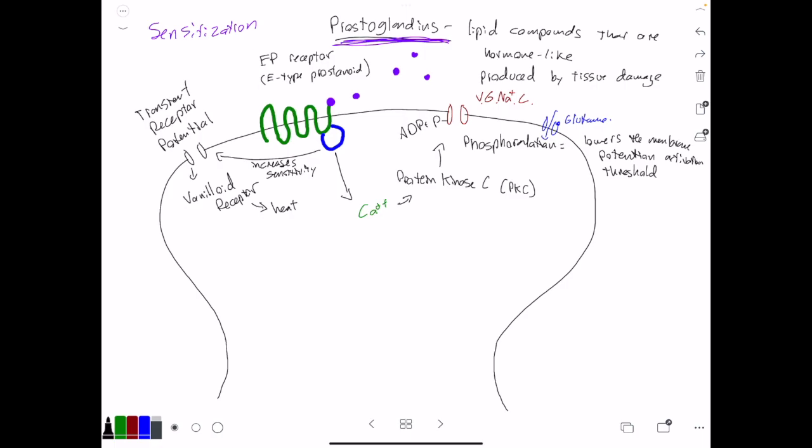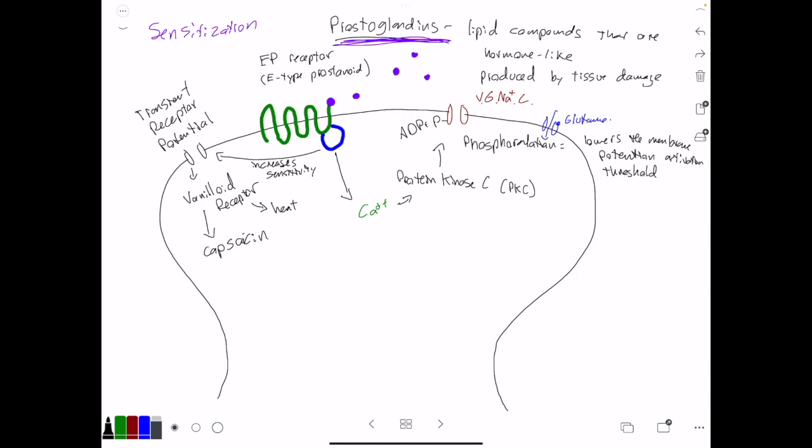But this vanilloid receptor is also sensitive to a compound called capsaicin. And this is the active compound that we see in chili peppers that gives them their hot nature.